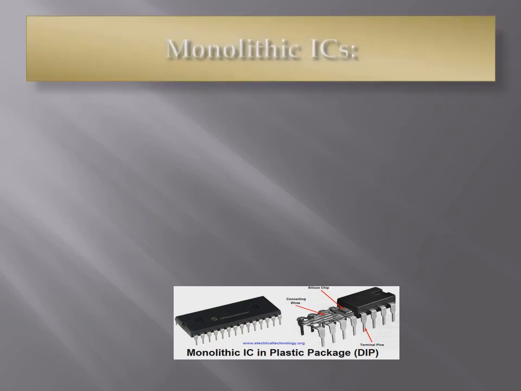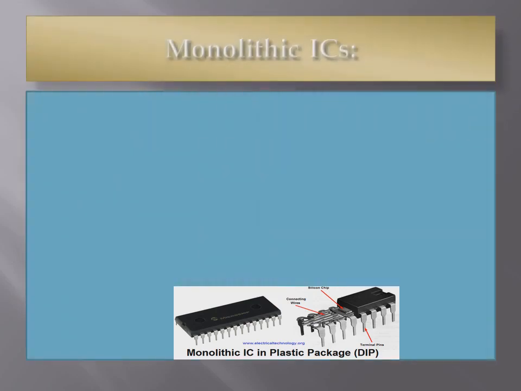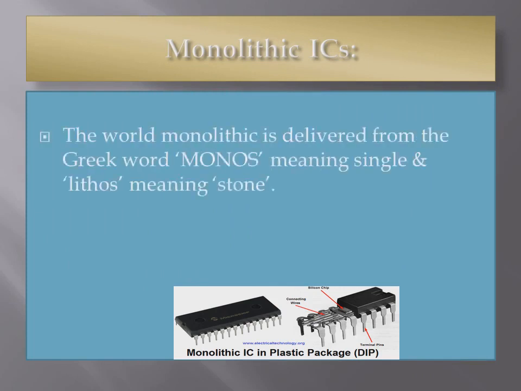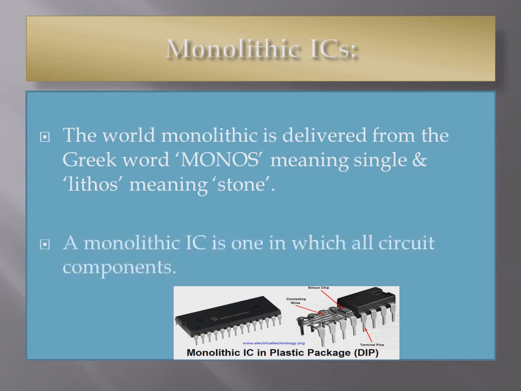Monolithic IC: the word monolithic is derived from Greek words. Monos means single and lithos means stone. A monolithic IC is one in which all circuit components, both active and passive, are fabricated together. These monolithic ICs possess a higher order of reliability.